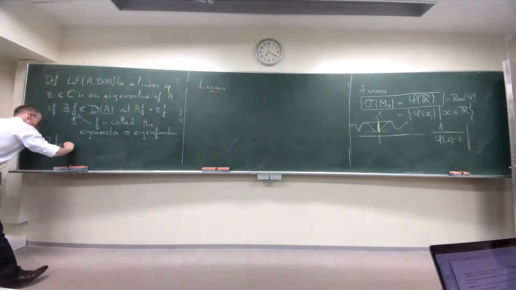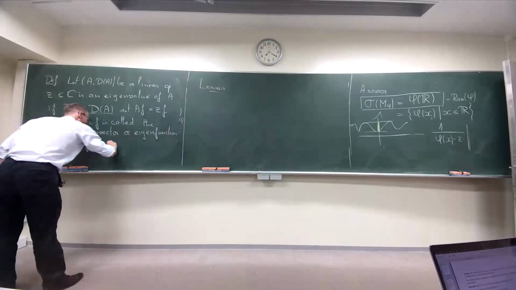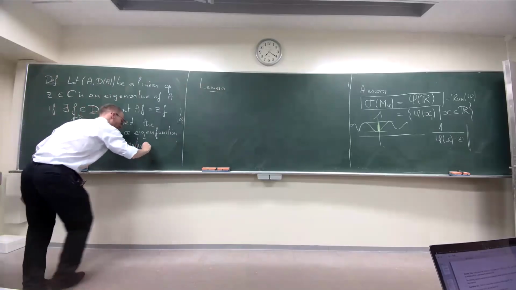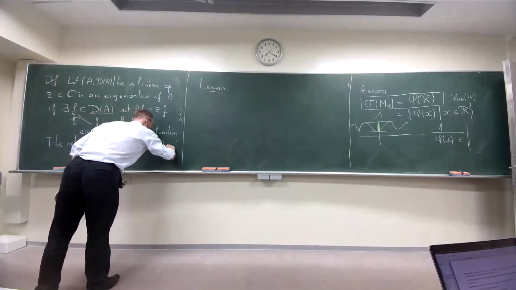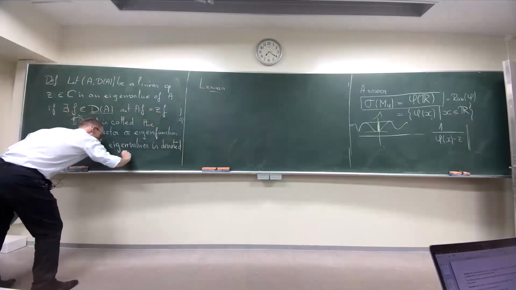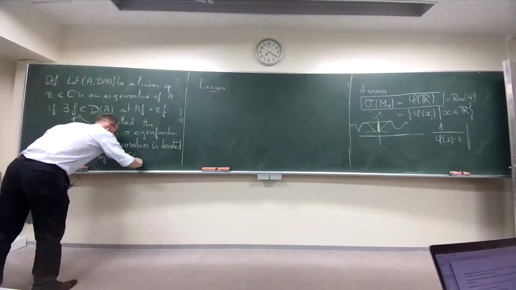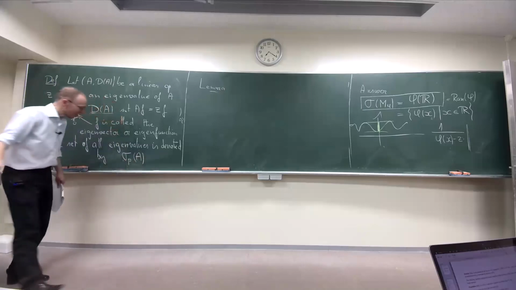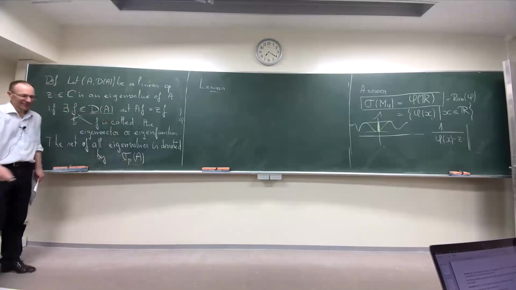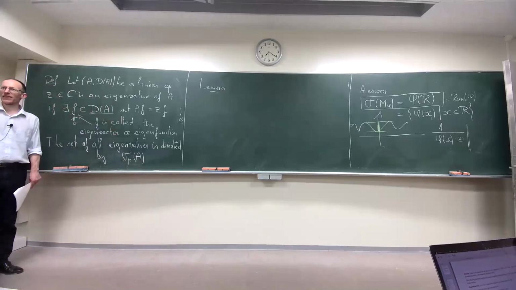The set of all eigenvalues is denoted by sigma, but be careful with the index P of A. E is for eigenvalues, of course. This is the notation. Can you guess why P?